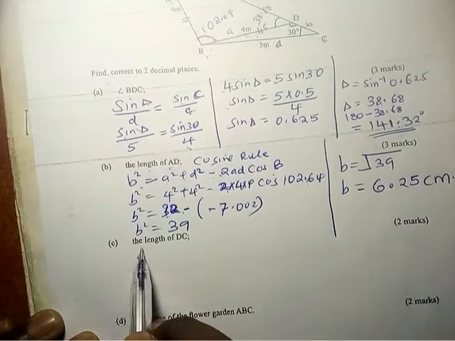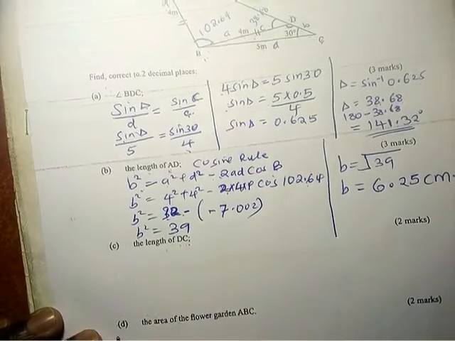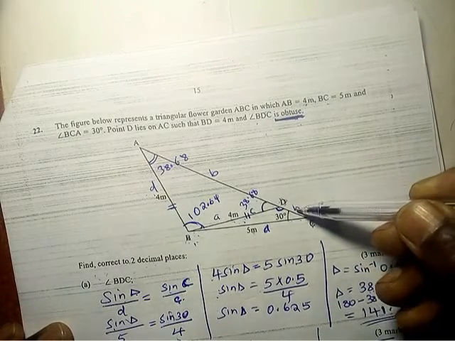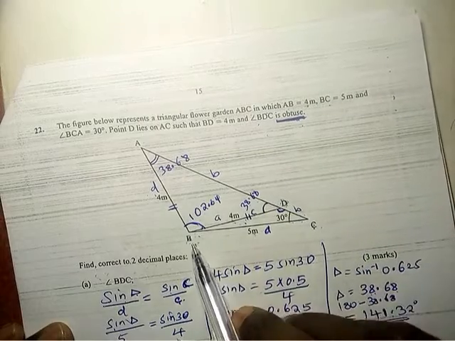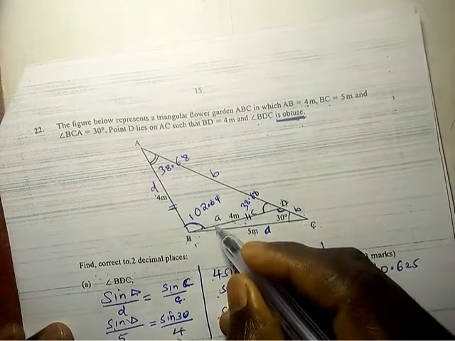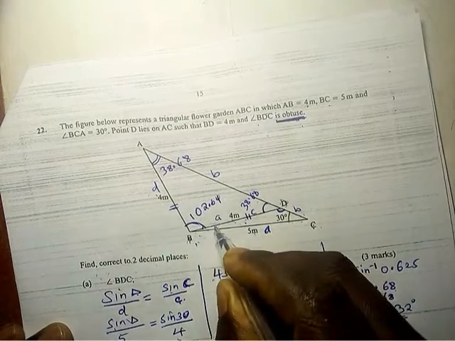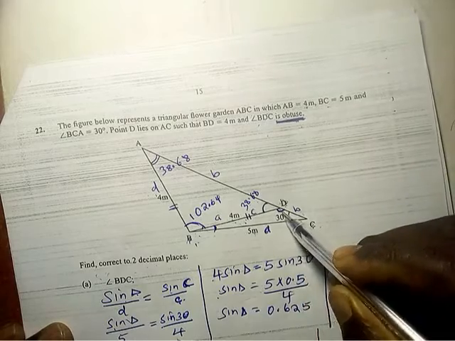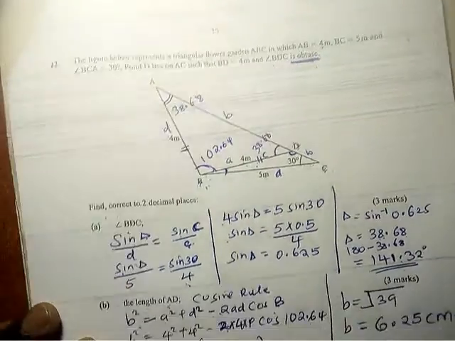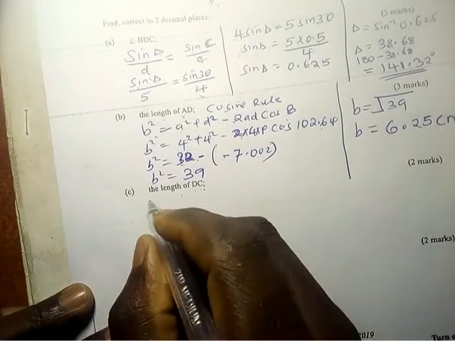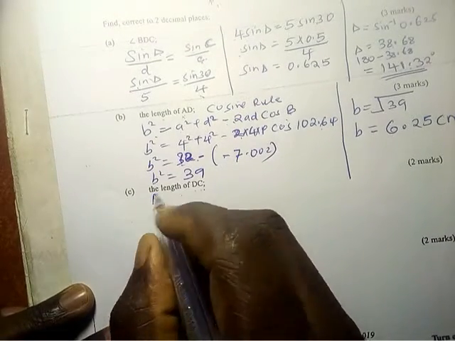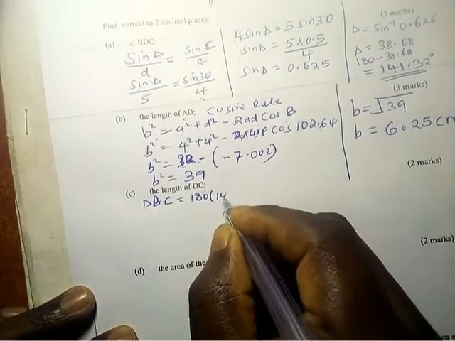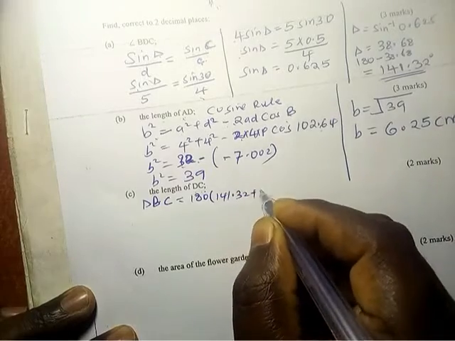Number C, calculate the length DC. Length DC. We are going to calculate B on this side. So for us to calculate this B, we must have this angle B here, this angle B for this triangle. How do we get that? We are going to add 30 plus 141. Then we subtract 180, we get here. So first, angle DBC equals 180 minus 141.32 plus 30.